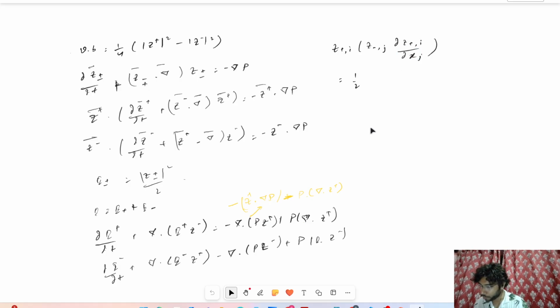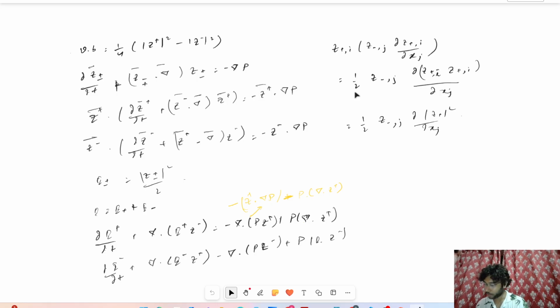And if we do this, this will be Z plus i, Z plus i del x j. I'm just taking this in, and there will be a 2, which is compensated by this half factor. And this will be half Z minus j del of Z plus square del x j.